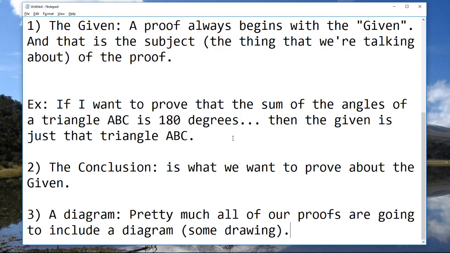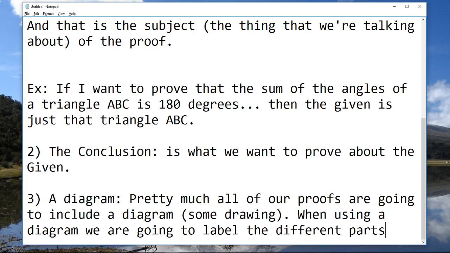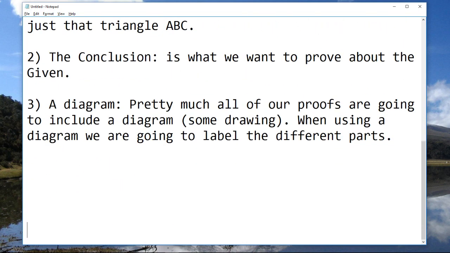And when we're using a diagram, we are going to label the different parts. And we'll see an example of what that means later. Also, the parts that we label, we're going to refer to those parts within our given and conclusion. All right, let's take a look at an example.